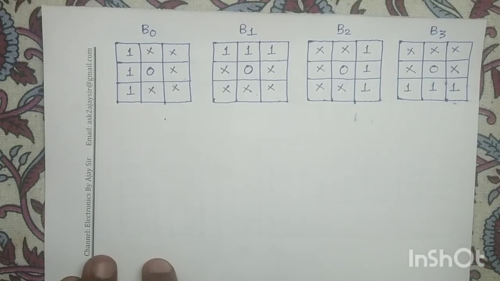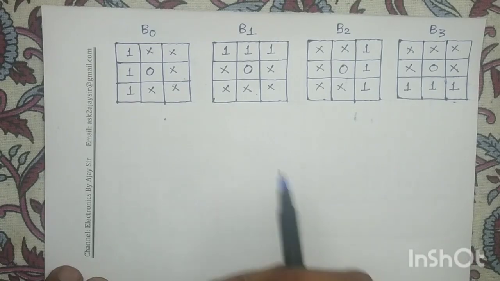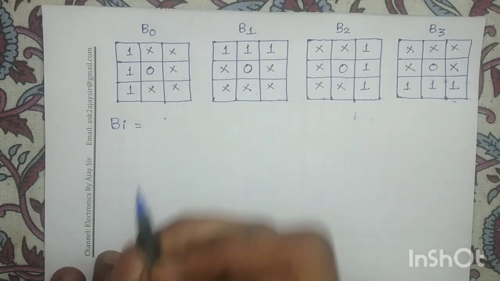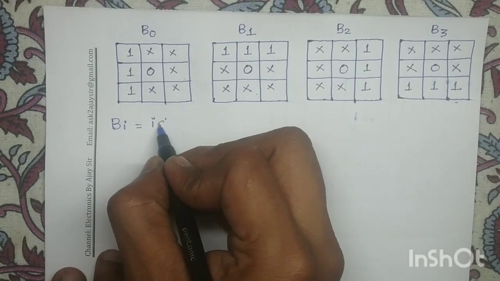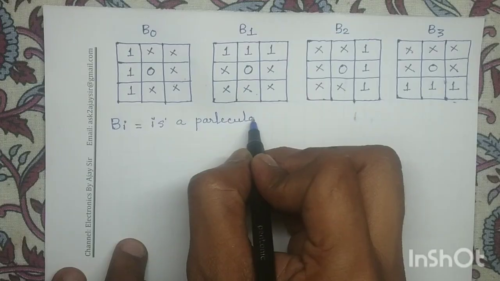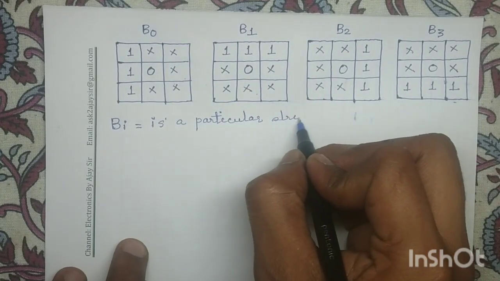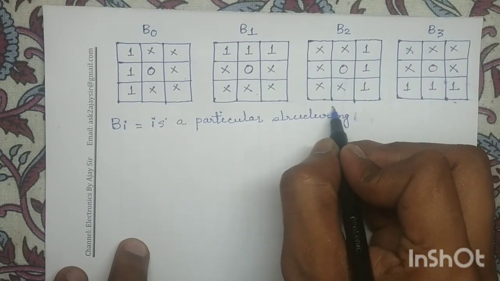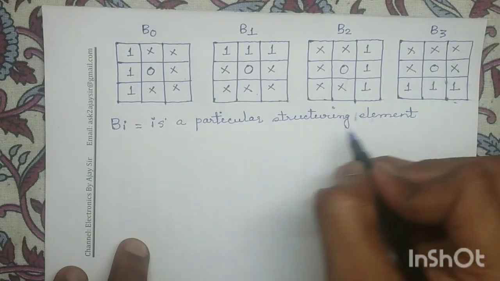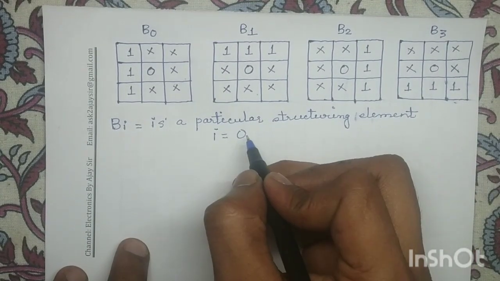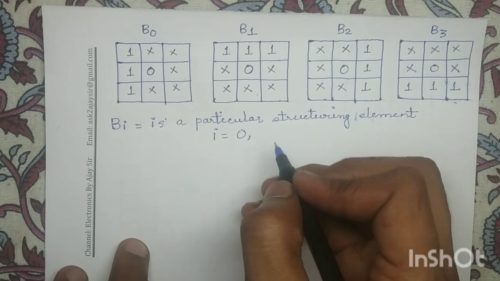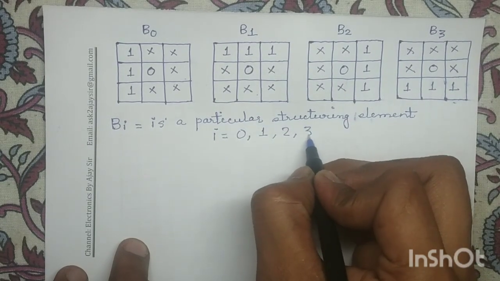So for this, let us assume Bi is a particular structuring element, and in our operation this i will vary from 0, 1, 2 and 3.